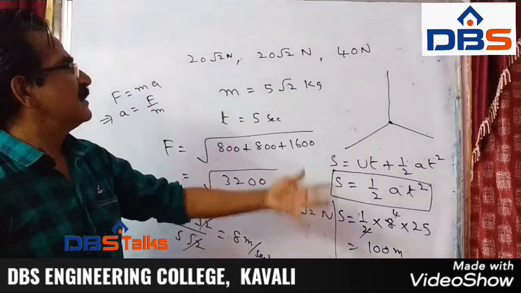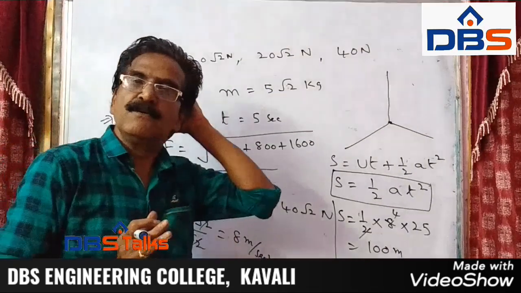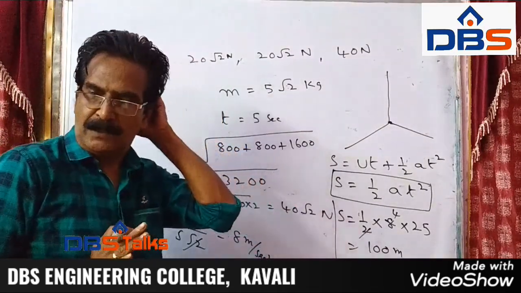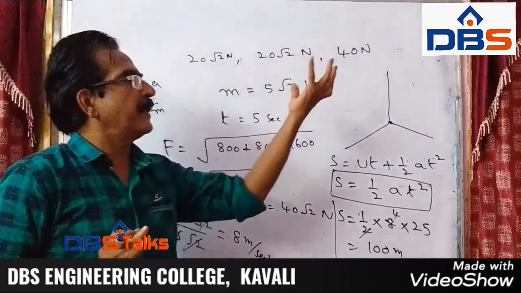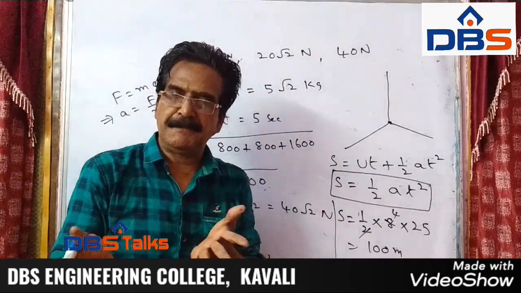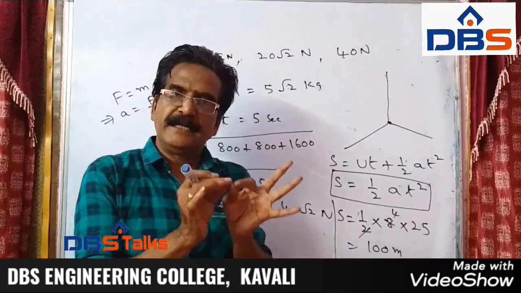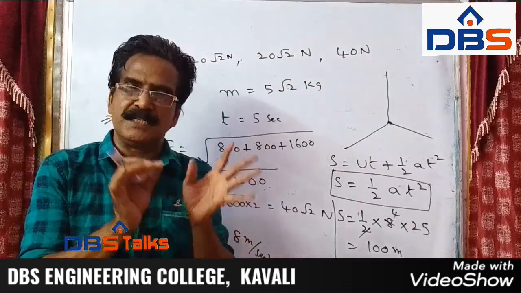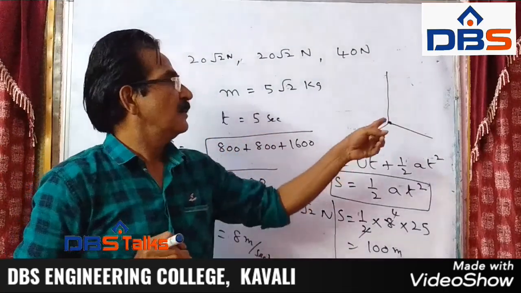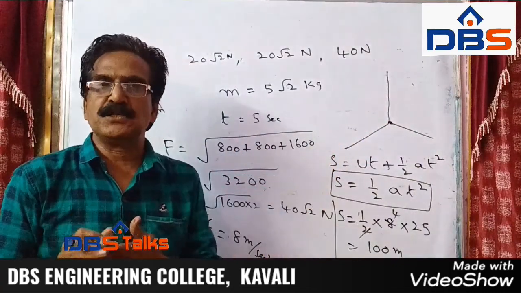Okay friends, see once again what we have to find. After applying these three forces, what is the displacement of the object? The object at the moment is at rest at the origin, so the initial velocity is 0.